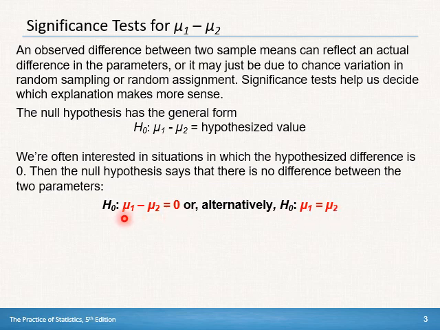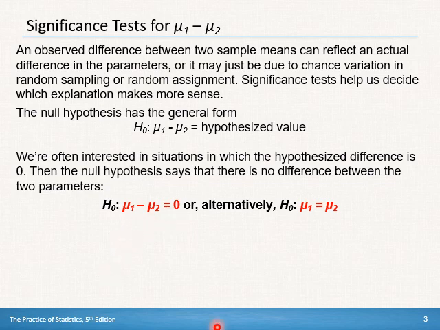So if it's equal to 0, then we can do a little math and actually get that mu sub 1 is equal to mu sub 2. If this value is not equal to 0, then of course we can't say that mu sub 1 is equal to mu sub 2, because we think that their difference is bigger than 1. So we think that mu sub 1 is 1 bigger than mu sub 2, or whatever the case may be.